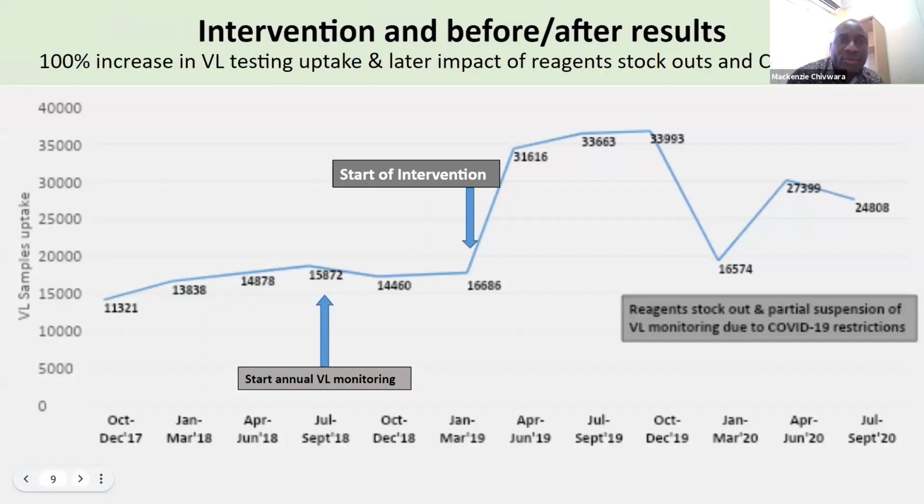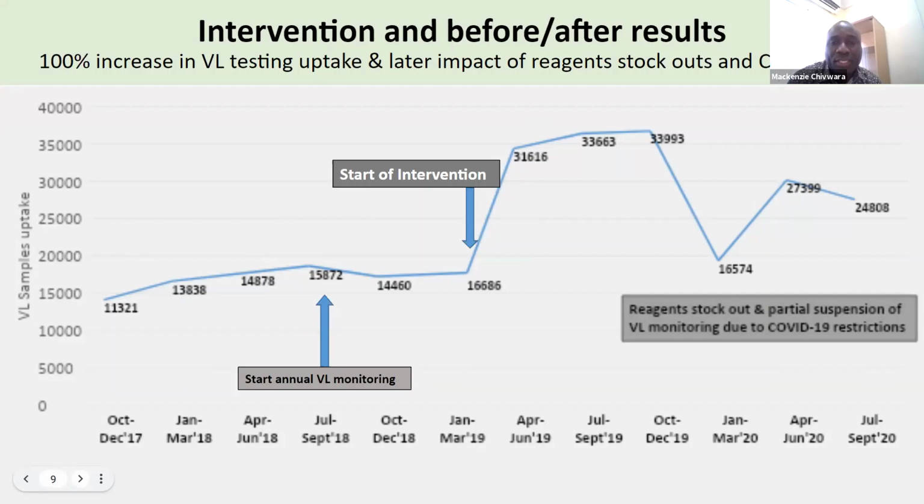So this is a demonstration of the intervention that I highlighted about increasing viral load testing uptake. As we can see from the results, when we started the intervention, we had almost a 100% increase in viral load testing uptake, with the later impact of reagent stock out and the COVID-19 pandemic.